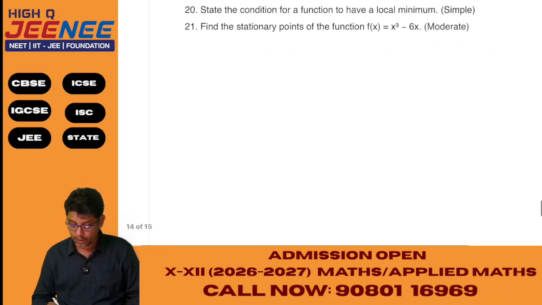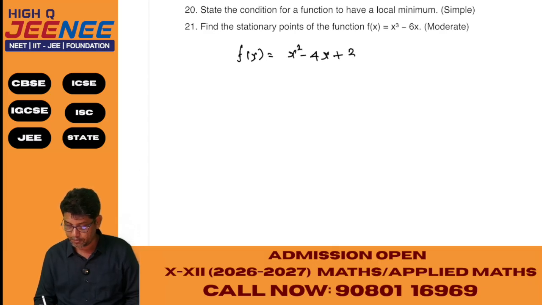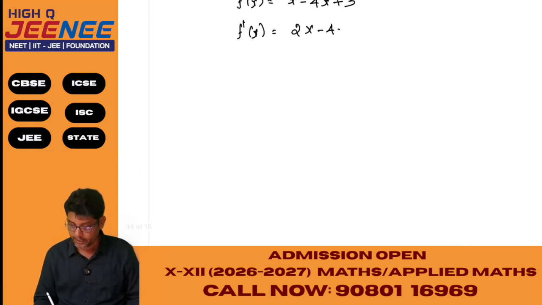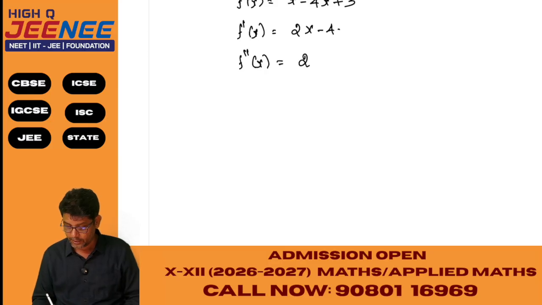Now, f of x is equal to x square minus 4x plus 3. What is f dash of x? 2x minus 4. Next, find f double dash of x also. It is 2. Now, put f dash of x equal to 0 for the critical point.